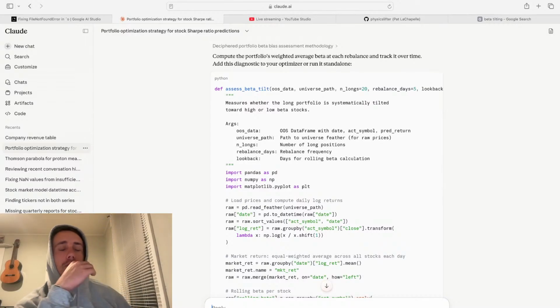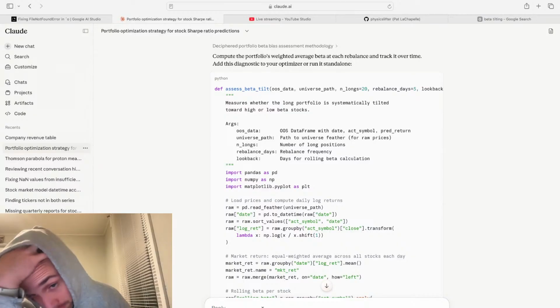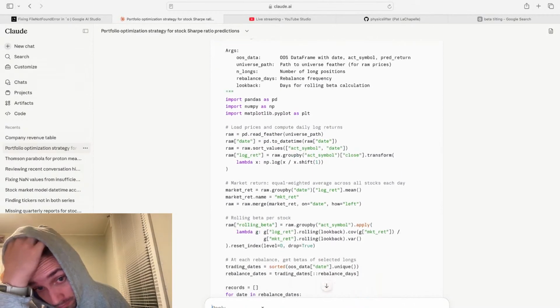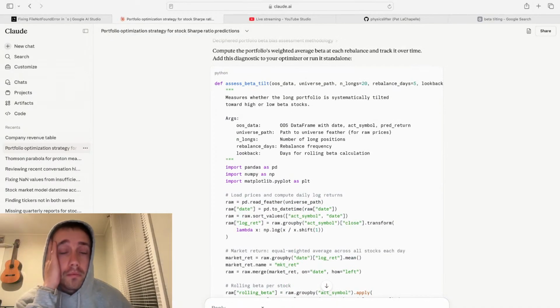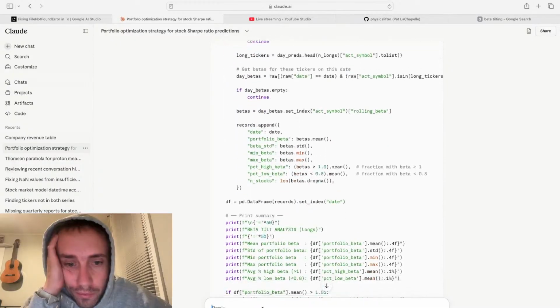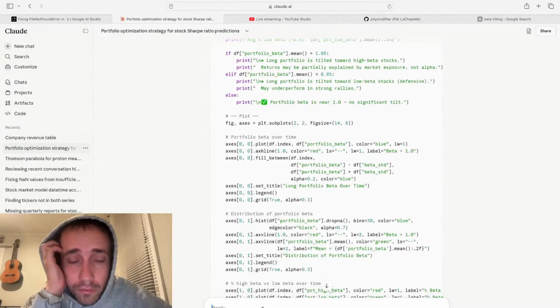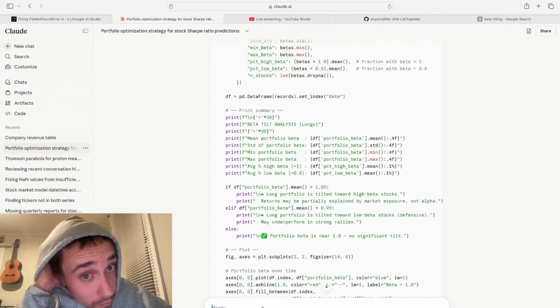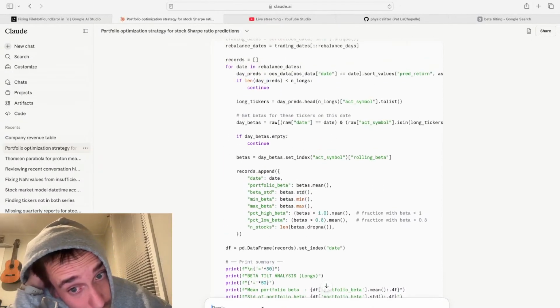Compute the portfolio's weighted average beta at each rebalance and track it over time. So where's it recorded? Day betas dot set.